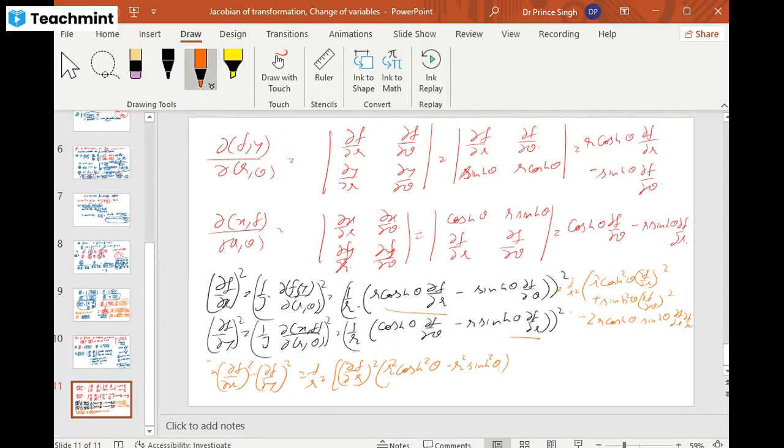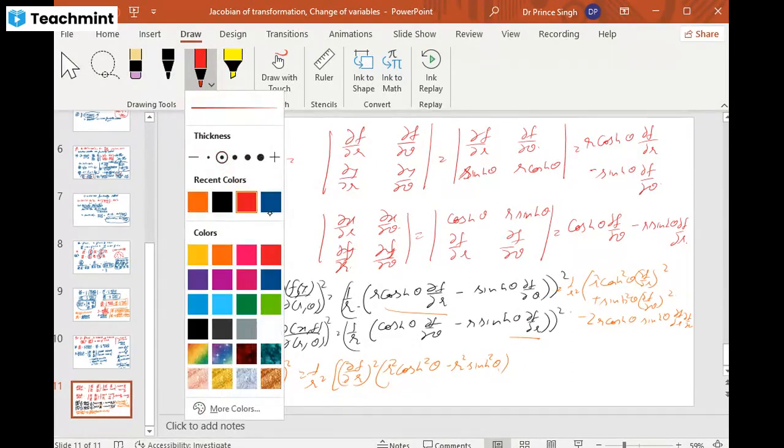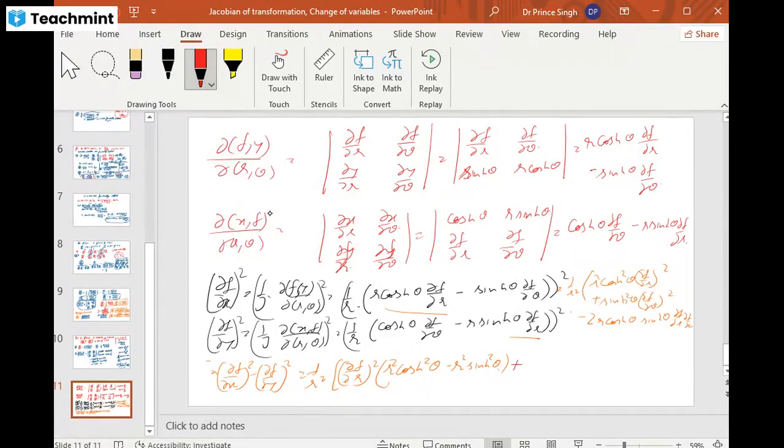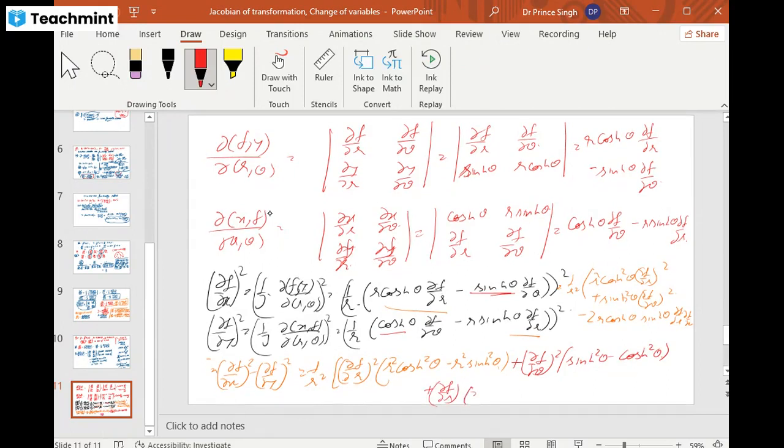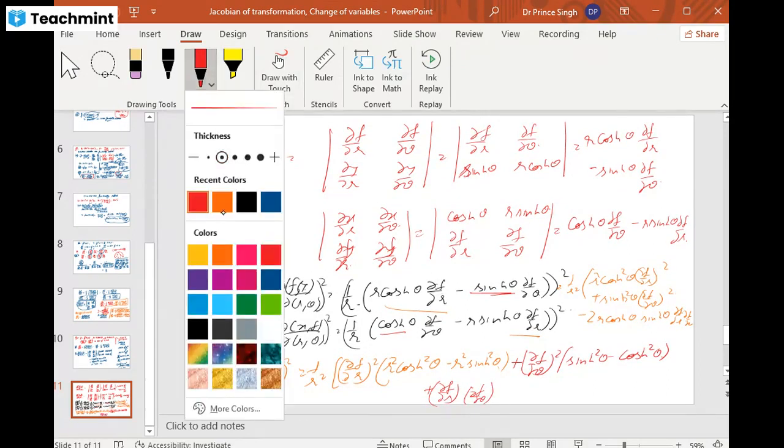Now we consider the second term, the coefficient of (∂f/∂θ)². What is its coefficient? This is positive and this is negative, so sinh² θ minus cosh² θ. The next term is the product, ∂f/∂r into ∂f/∂θ.